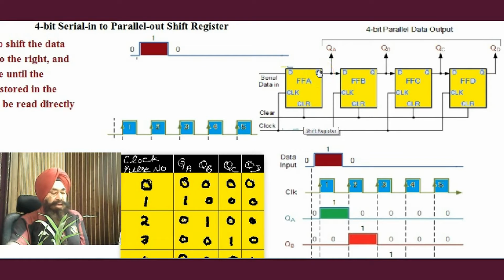And the 0 that was previously here is shifted here. The 0 that was here is shifted here. The 0 that was here is shifted here.